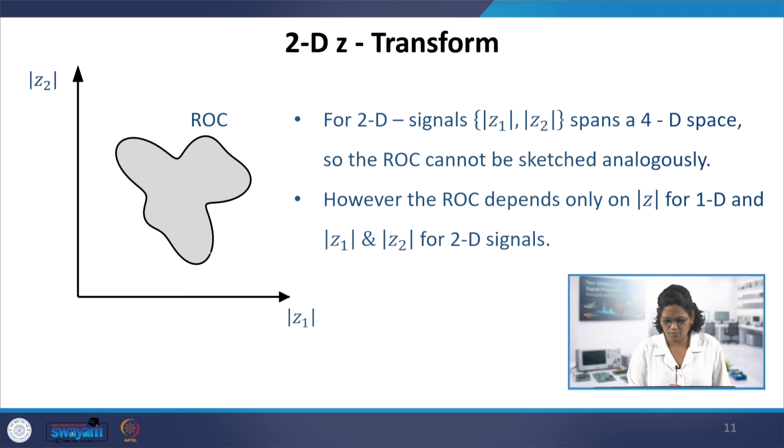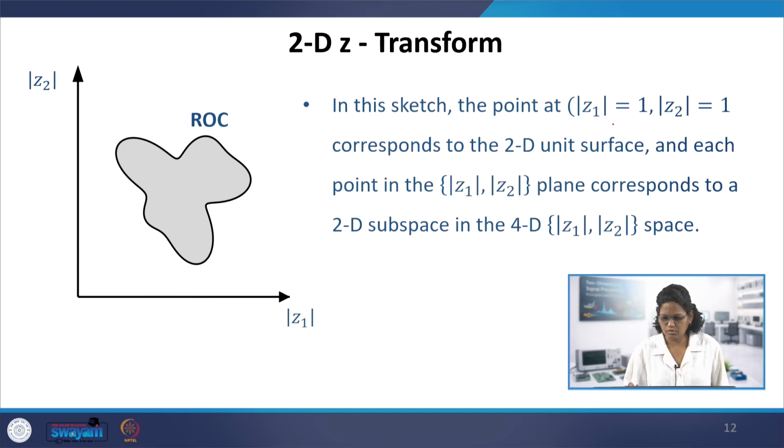So the ROC for a 2D sequence can have a contour map like the ROC. By plotting it with respect to Z1 and Z2, for the case of Z1 equal to 1 and Z2 equal to 1, we can have the point sketched. These values correspond to your 2D surface, and this 2D subspace of Z1 and Z2 is a subspace of the 4D space.